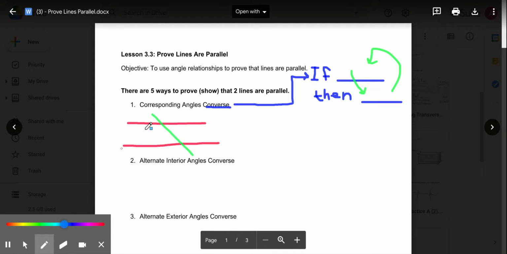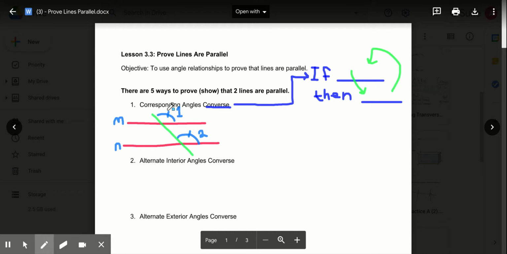You have knowledge that this angle is congruent to this angle. Why don't we call it angle 1 and angle 2? And why don't we call these lines M and N? We're saying, I don't know that they're parallel, but I'd like to know that they are.